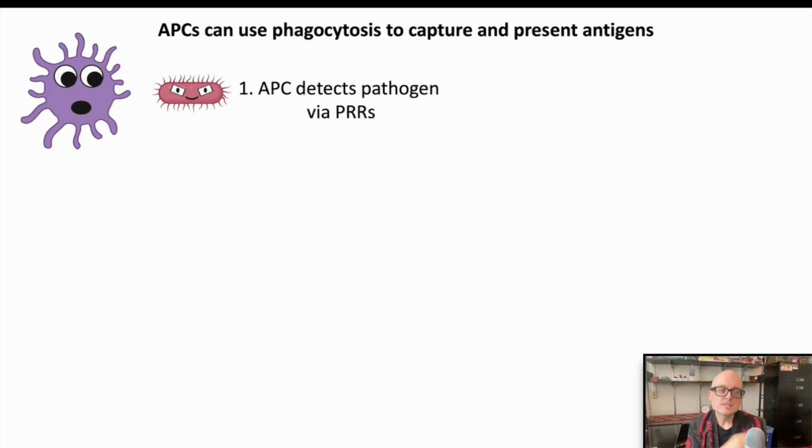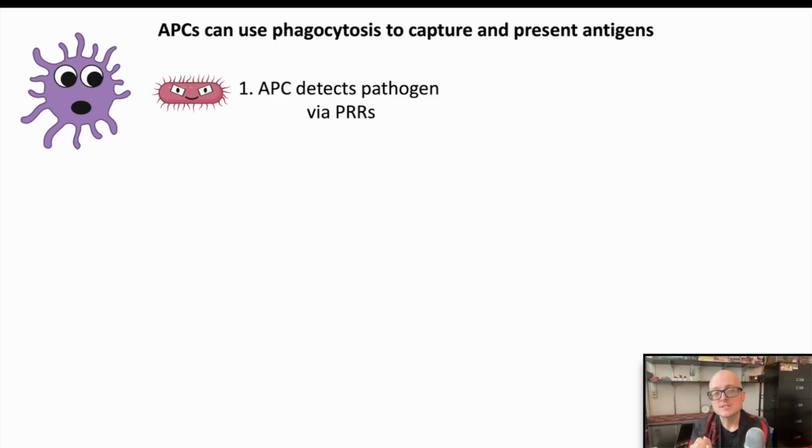In this particular example of a way that innate immune cells can facilitate antigen presentation, an APC is going to detect a pathogen through pattern recognition receptors. Remember that innate immune recognition of non-self tends to happen through pattern recognition rather than through antigen recognition. So right now we're at the very beginning.